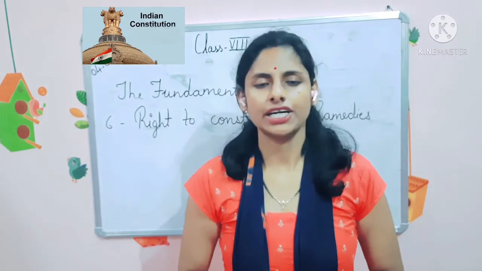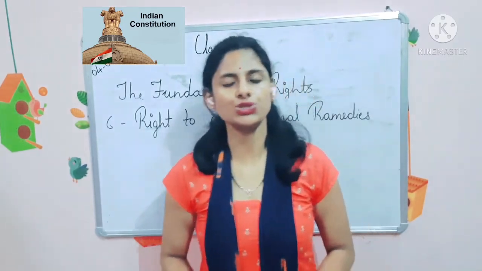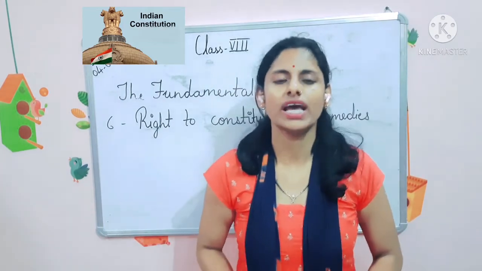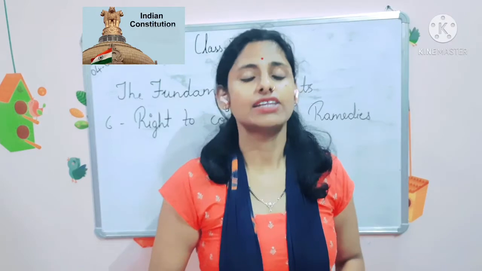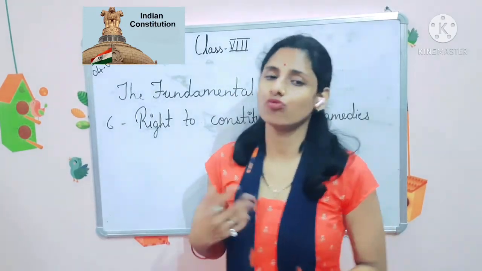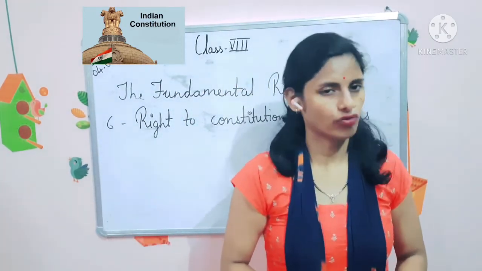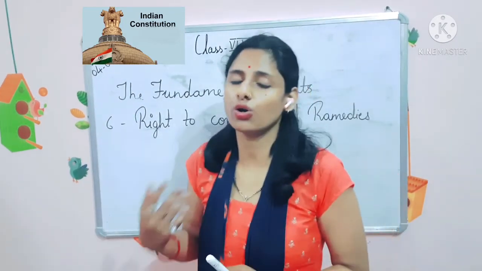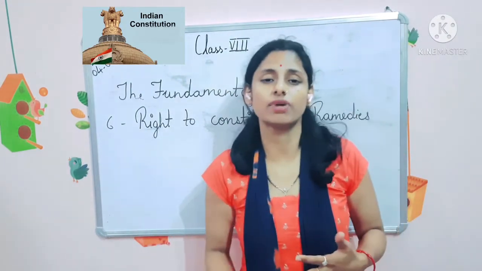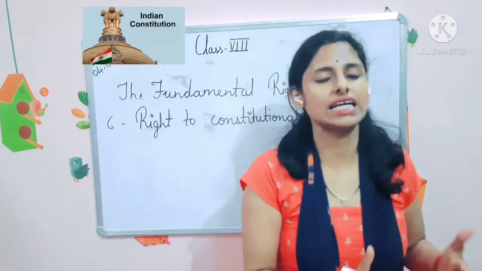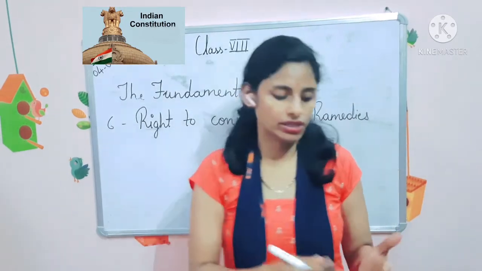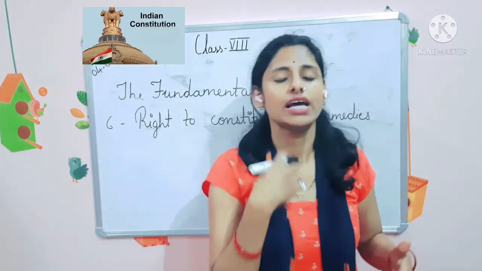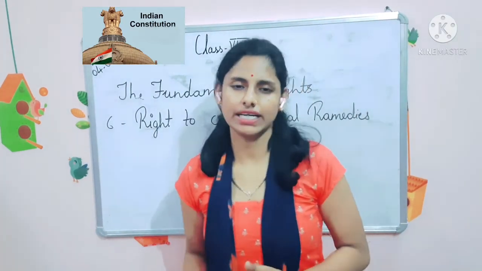Our last fundamental right is the right to constitutional remedies. It allows citizens to move to the court if they believe that their fundamental right has been violated by the state or any person, so they can go directly to the court and ask for judgment if they are discriminated against on the basis of their caste, religion or gender, or their equality is violated.